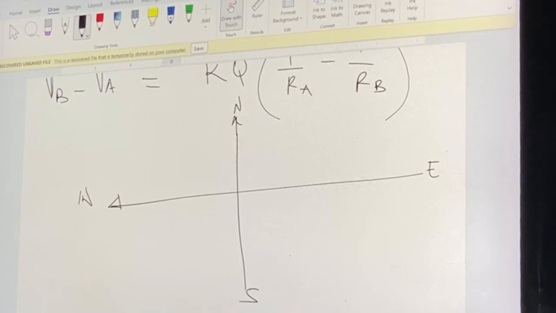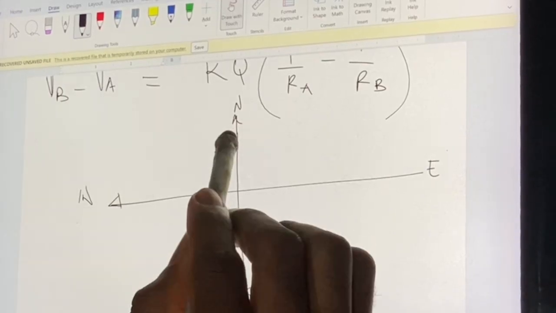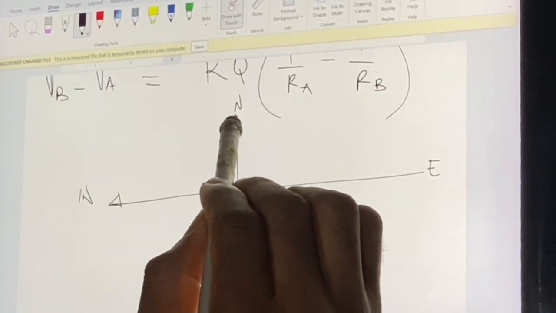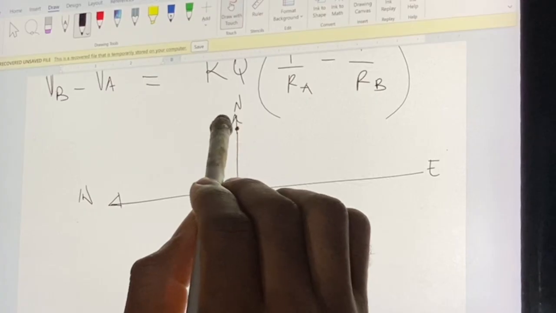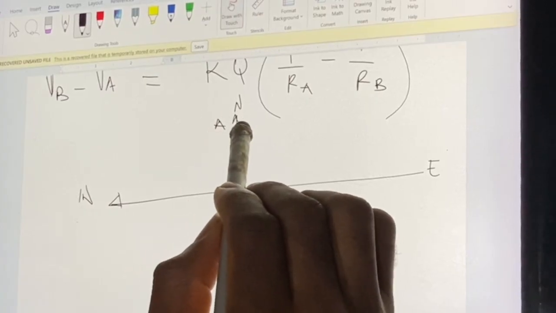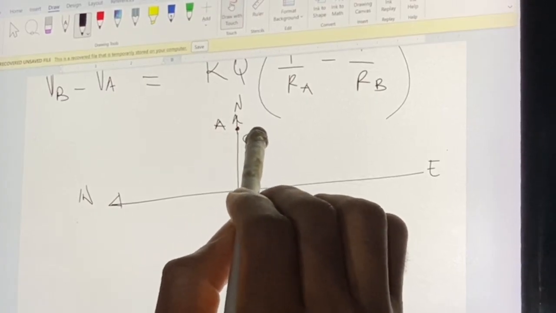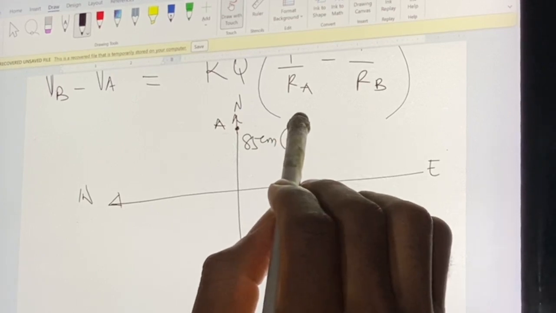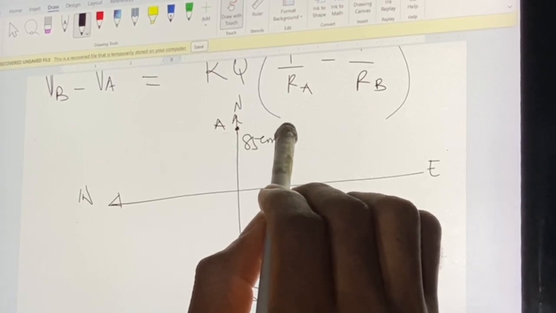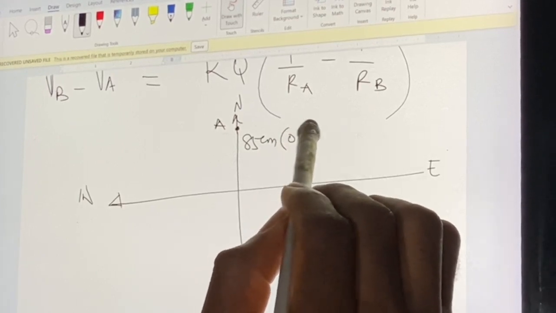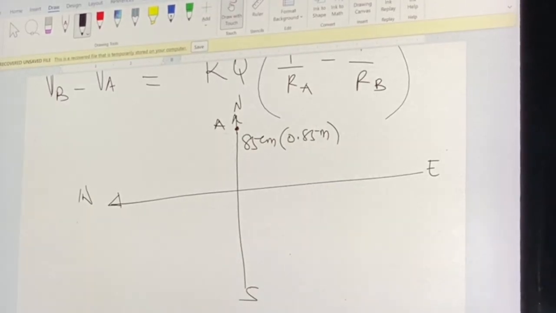So from the question here, they said we should consider a point which is 85 cm at the north part. So at the north part, we have to consider a point here, A, and it is 85 cm. In meters, it is 0.85 meters.